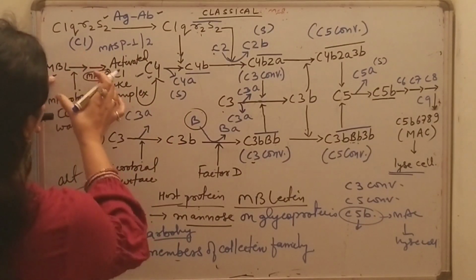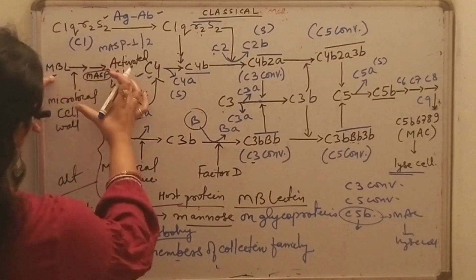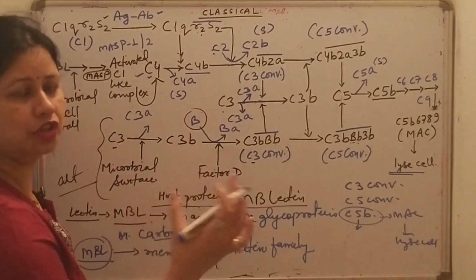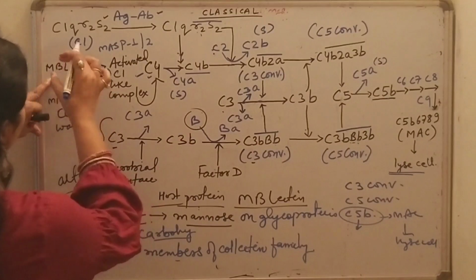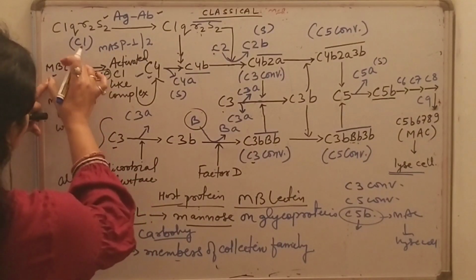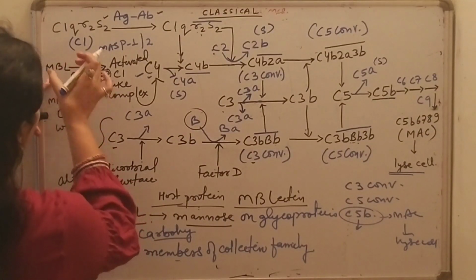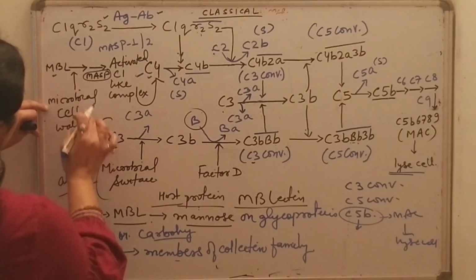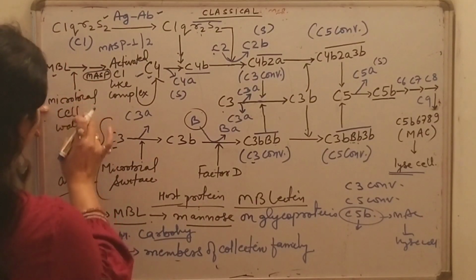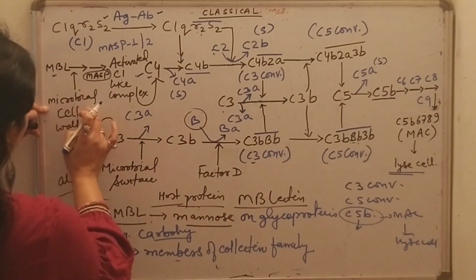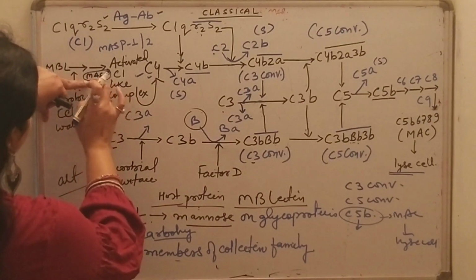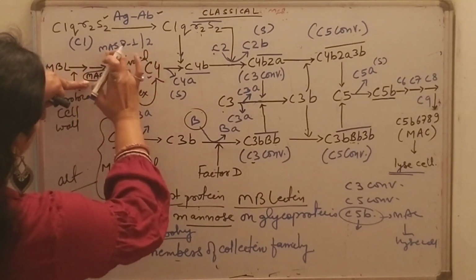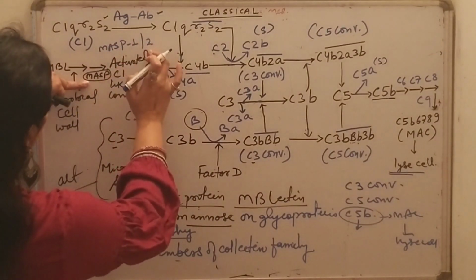MBL is a member of the collectin family. It is an acute phase protein and its concentration increases during the inflammatory response. Now what is the function of this MBL, mannose binding lectin? After MBL binds to the carbohydrate residues on the surface of these microbial cells or pathogens, MBL associated serine protease 1 and MBL associated serine protease 2 bind to the MBL.